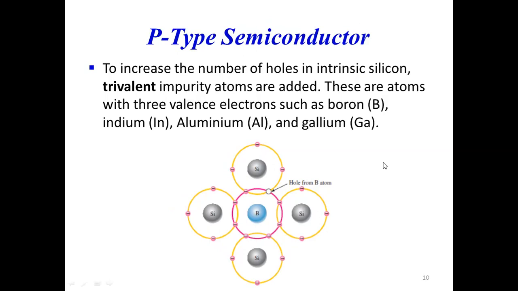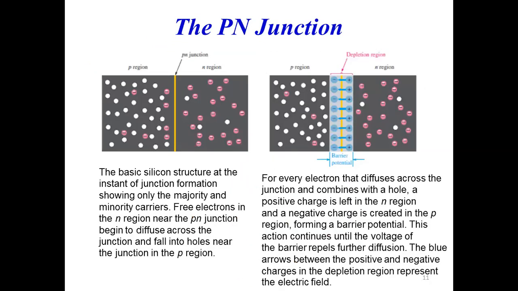So see here, the outermost orbit is shown, and there are only 3 valence electrons, and there is one hole. A hole indicates there is a deficiency of electrons. It is waiting for an electron. Okay. So such P-type and N-type semiconductors are known as doped semiconductors, or extrinsic semiconductors.